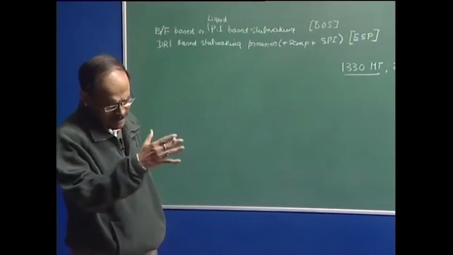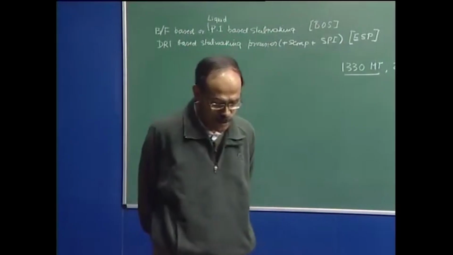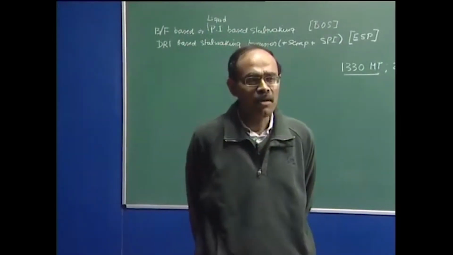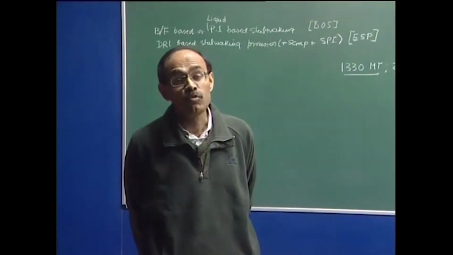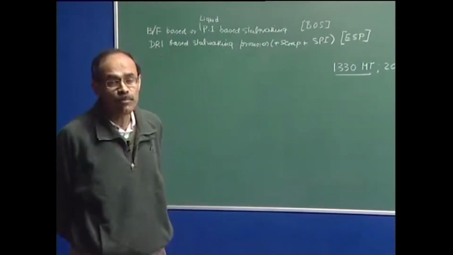So, if you look at the quantum of steel that we have been able to produce in the last 50-60 years, almost 5 to 6 times more steel is being produced today.